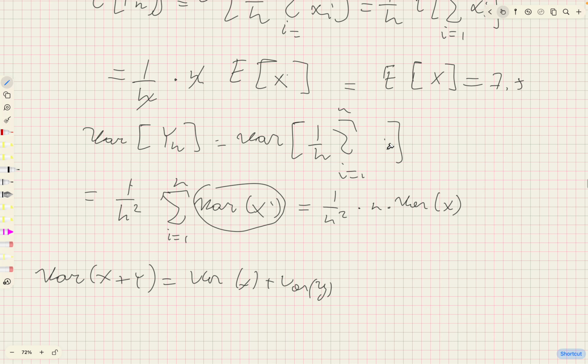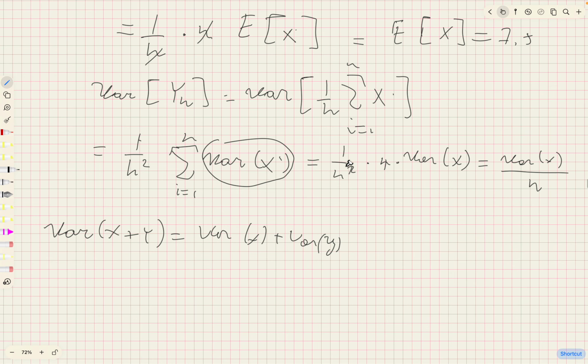So it is the variance of X divided by n. And now we see how the variance of Yn changes as we increase n.